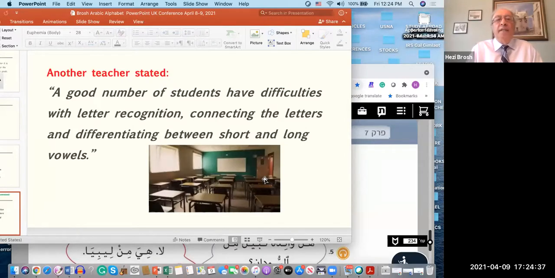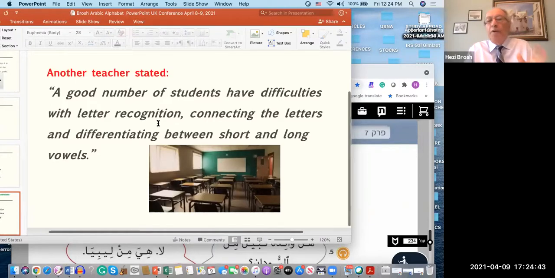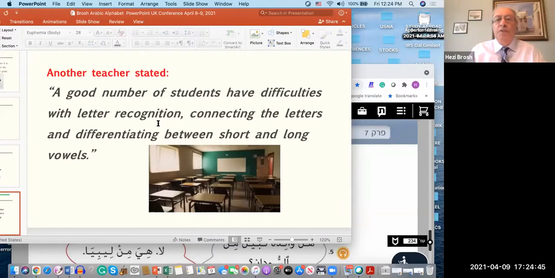Another teacher said, a good number of students have difficulties with letter recognition, and I'm talking about advanced students, connecting the letters and differentiating between short and long vowels. So students carry with them a bag through their years of learning Arabic, and they are influenced negatively by that.